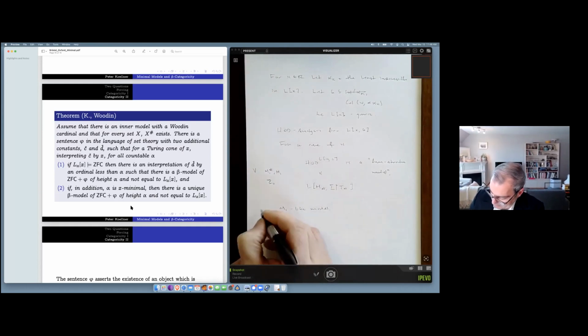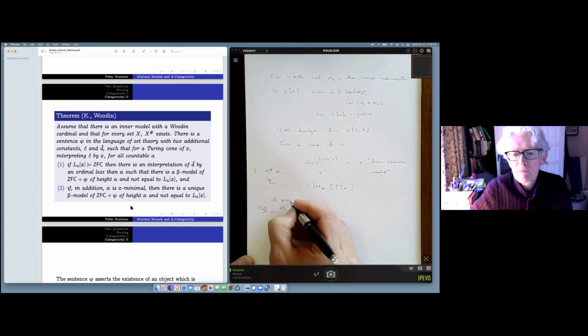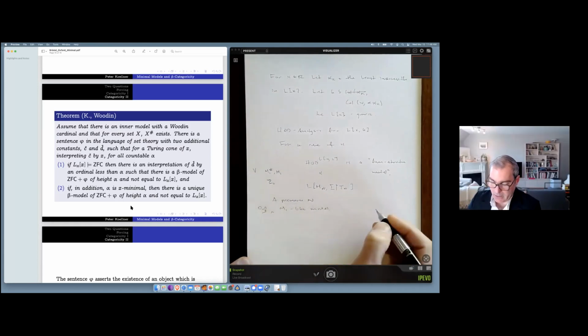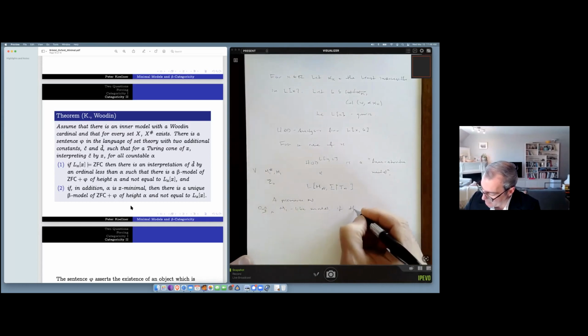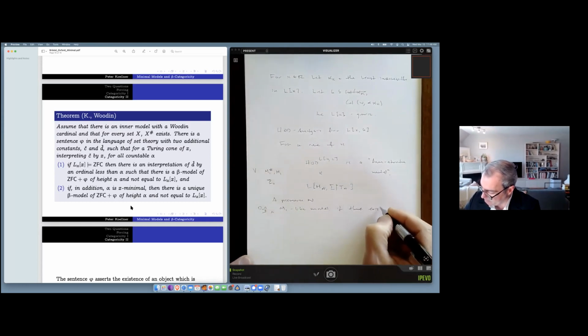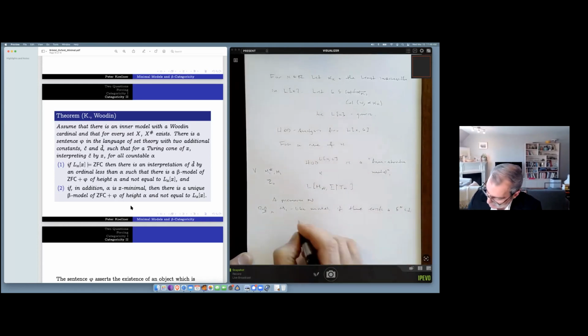Definition: a premouse N is M1-like if there exists a delta, and I'll call it delta of N, such that N equals L of N cut to delta of N. Okay, so that's something that M1 looks like, right?